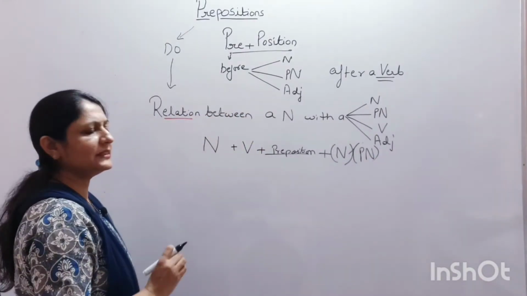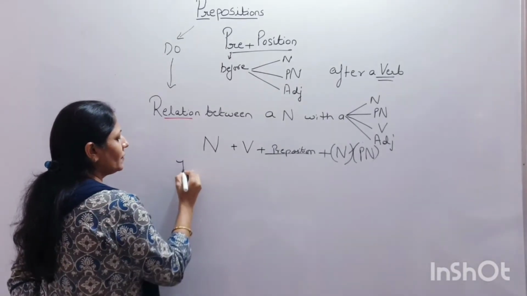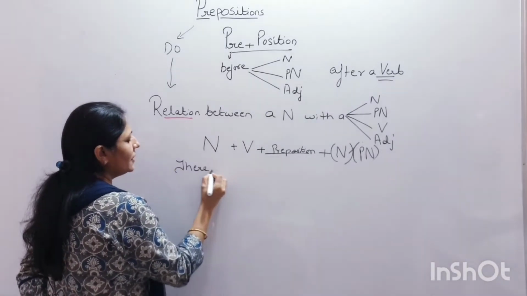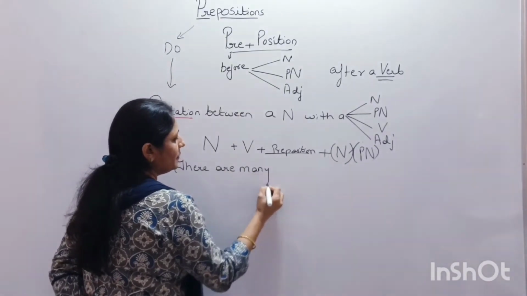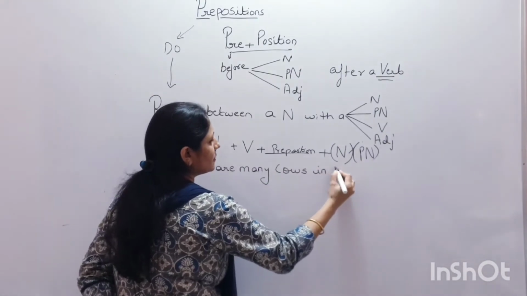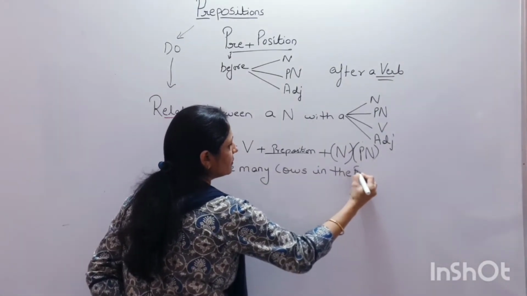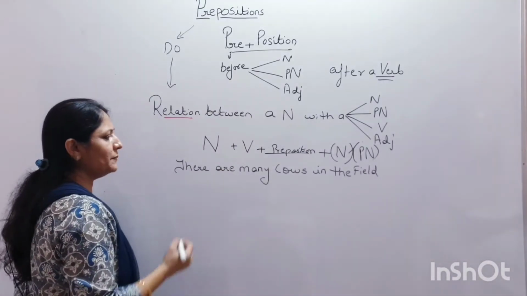A very easy example to show this formula is, there are many cows in the field. Now can you see this example?